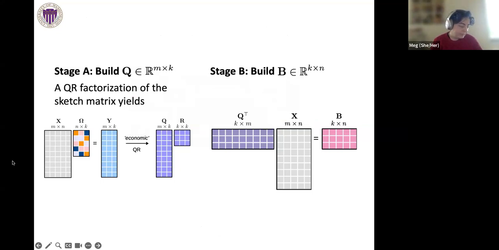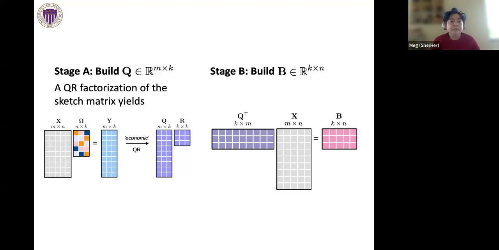What we do is we use random projections to sample the column space of the input matrix X. These random projections are denoted by omega, and we construct this random matrix by first drawing a set of k independent random vectors from, say, the standard normal distribution, and then mapping X to this low-dimensional space to form the sketch matrix Y, which is the random projections.